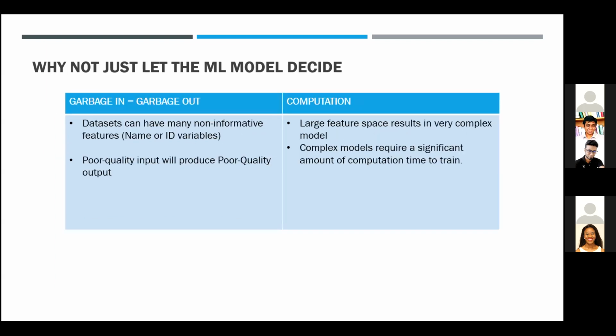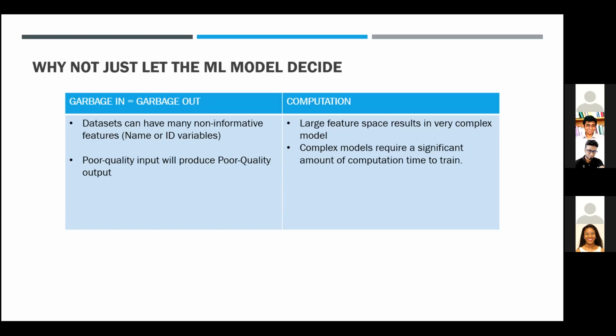Another thing is, yes, with machine learning you have these very powerful tools that you can use to draw predictions from data. But how good your prediction is depends on how good your data set is. And in large data sets, you do have redundant variables. Some can just be name or ID variables that actually have no impact on your output variable.